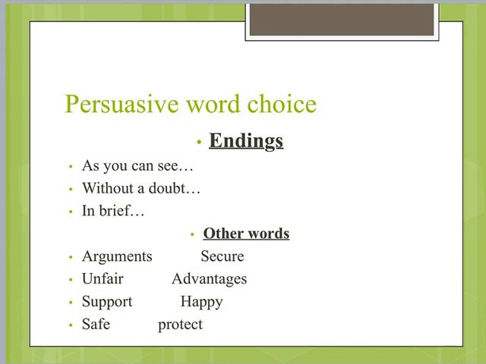What's the problem, how we are going to solve it. All of these we summarize in the last paragraph, which is going to be the conclusion or the end. You can use, as you can see, without a doubt, or in brief. You can start your paragraph with either of these. In brief, killing or keeping on killing endangered animals is not good, and so on, and just summarize the reasons and the facts you extracted.